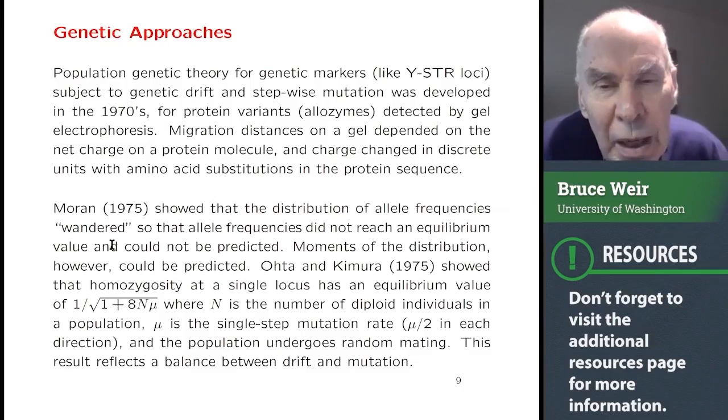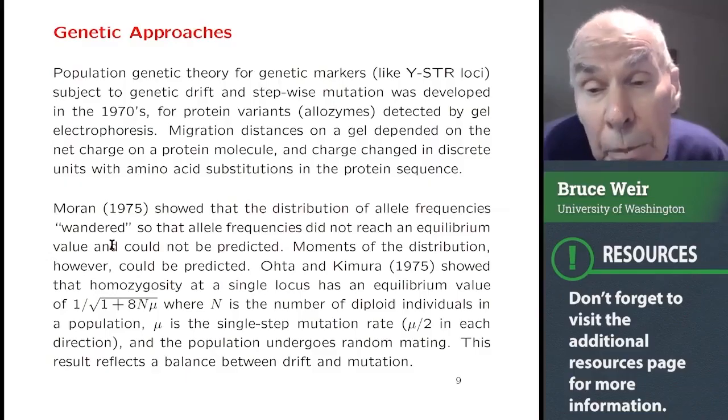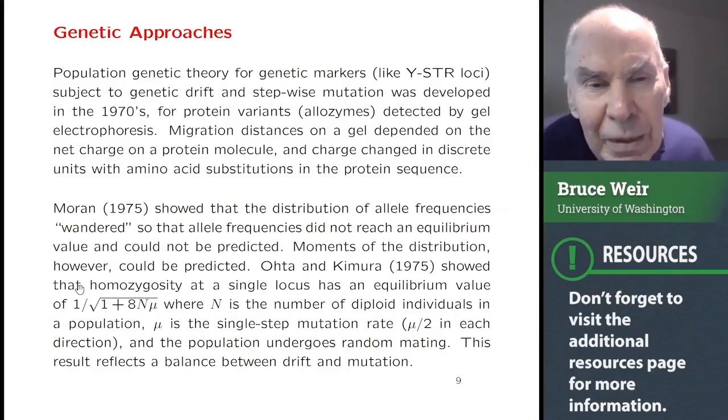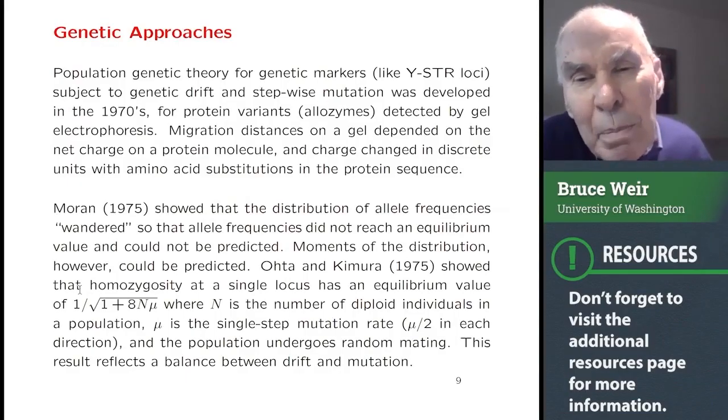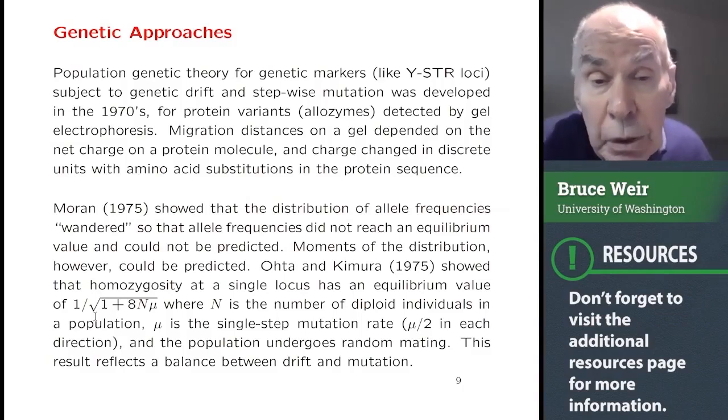And that sort of argues against the logic behind the discrete Laplace method, which looks to estimate the haplotype frequencies. The matches, however, it's the match probability we really need, and that's like a moment, like a variance of the distribution. And Ohta and Kimura gave a nice little formula for the predicted value of the probability of two alleles, in that case taken randomly from a population, matching, being the same.